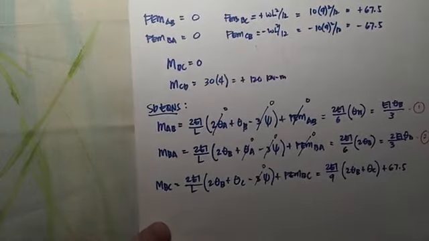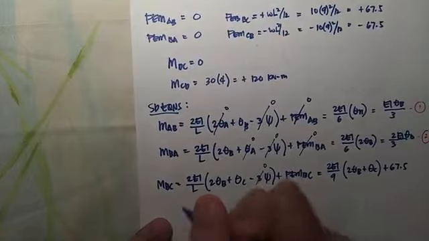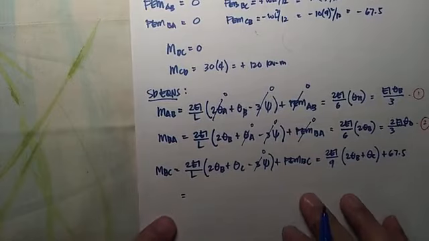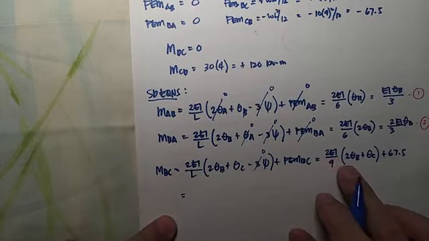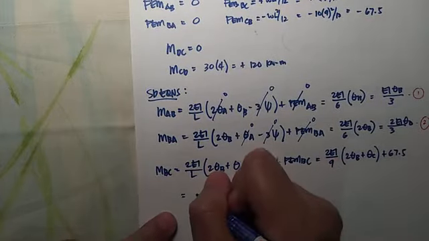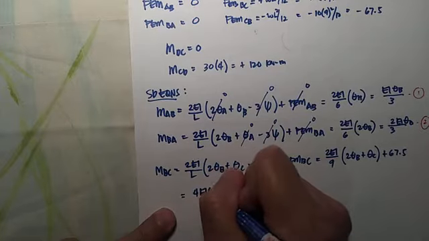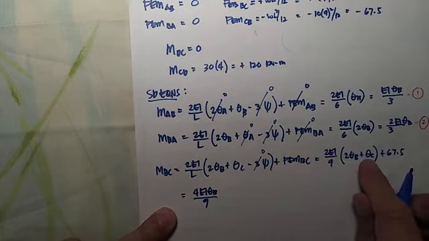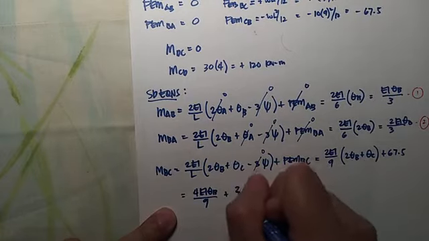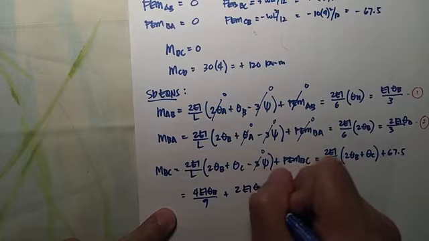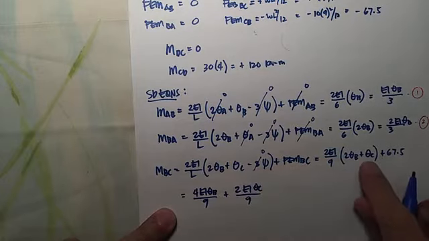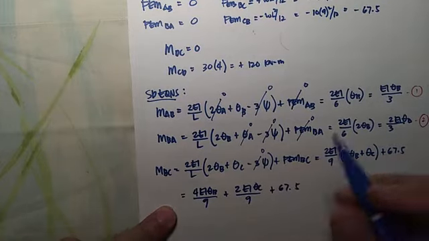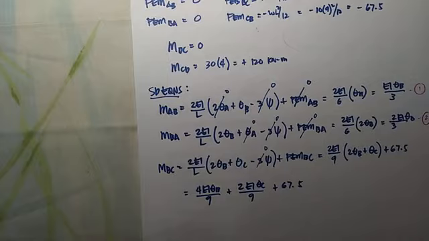Simplifying, that's 4EI theta B over 9, and for theta C, 2EI theta C over 9, plus 67.5. That would be our third equation.